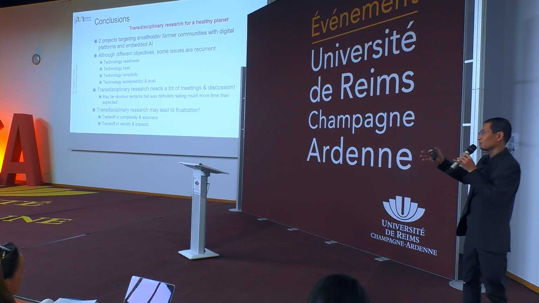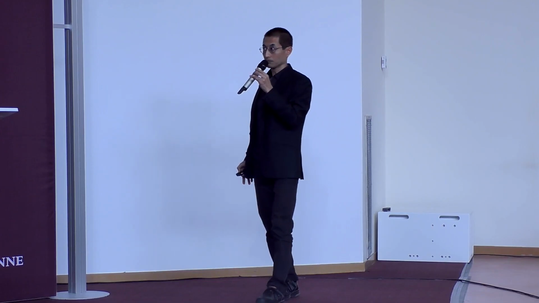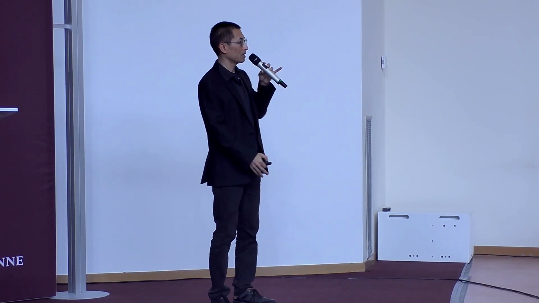So it leads to a lot of frustration. Sometimes my colleague is frustrated, sometimes I am frustrated. But at the end, we want to try to improve things, so it's always a trade-off between what you can ignore, what you can neglect, and what is the impact that you're making on the final solutions. So that concludes my talk, and thank you for your attention.